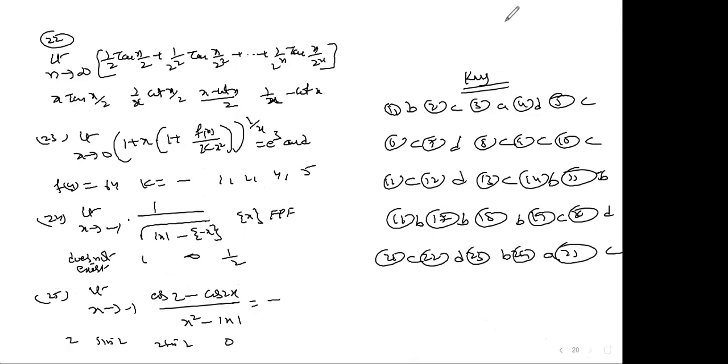So as I said to you, I discussed all the formulas completely, and then afterwards all the types I discussed. A 30-question assignment I gave yesterday, and today I have given the solutions of the 30 questions. And I have given here one question paper: 15 questions from PYQs and 15 from different books.